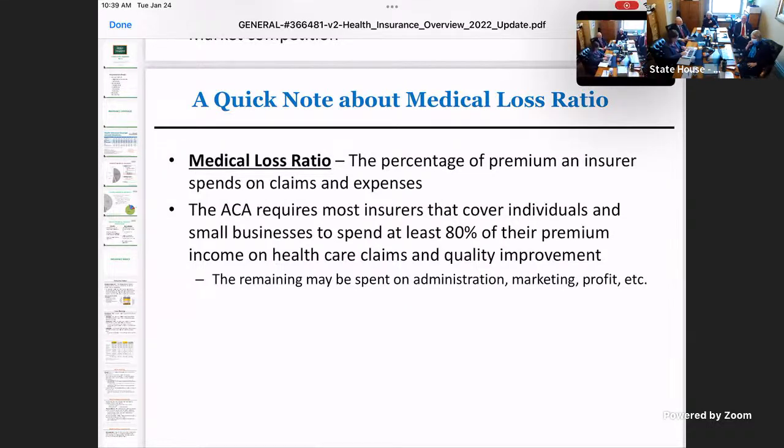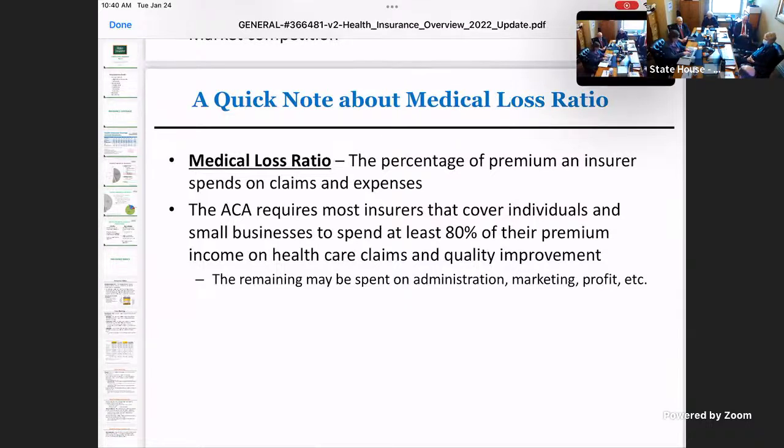You work for So the medical loss ratio is the percentage of premium an insurer spends on claims and expenses. The Affordable Care Act requires most insurers that cover individuals and small group businesses to expend at least 80% of their premium income on healthcare claims and quality improvement. The rest is for all of those things that Nolan was just talking about in terms of administering the plan, having people available at the call centers, doing the claims administration, making sure that they're contributing towards their reserves.